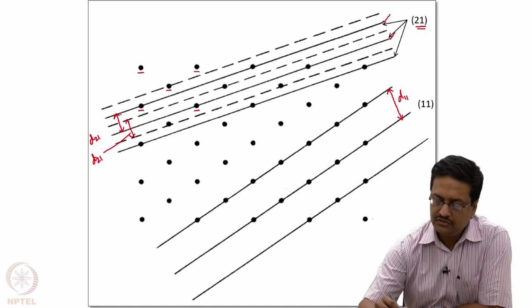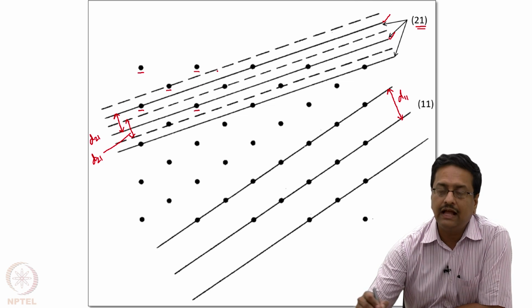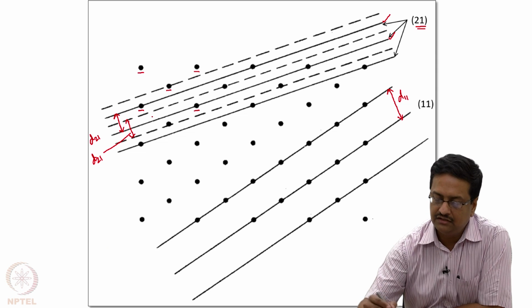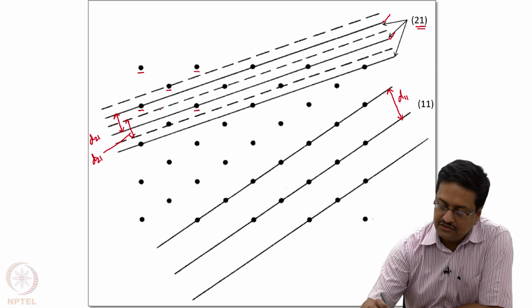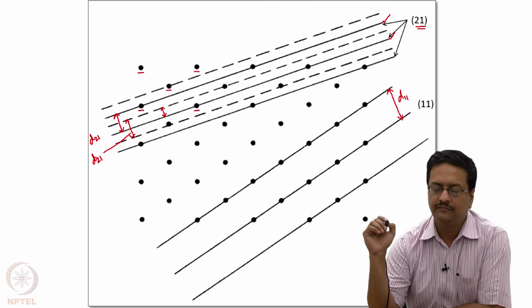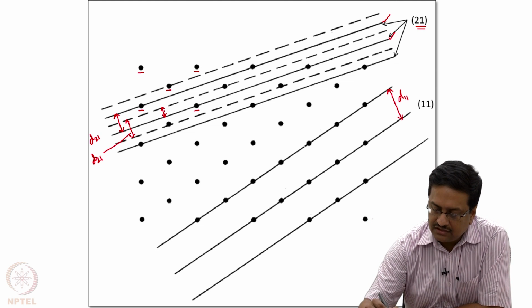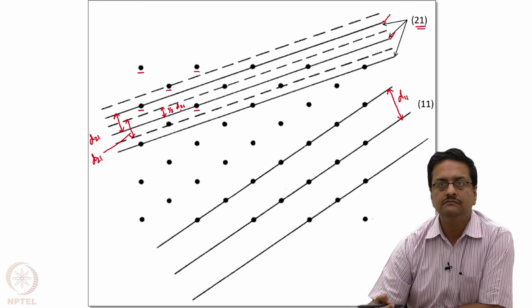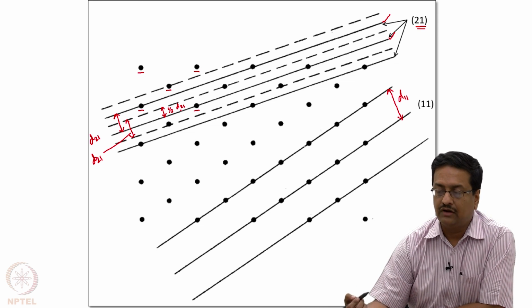You see, both the dark and the dashed lines represent the same set of planes 2, 1. That means the planes with dash and the bold line have the same Miller indices. So that means this distance is half of d21. What will happen?